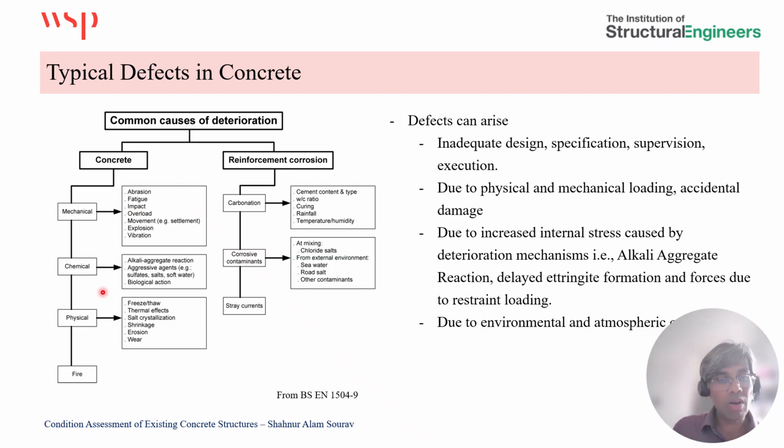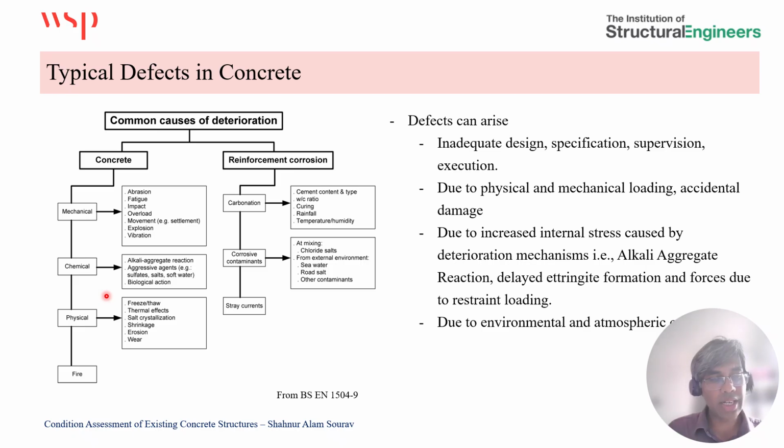The deterioration can occur due to chemical process. So at this stage, what happens is that the microstructure within the concrete itself changes due to the chemical reaction, which leads to low performance, or leads to a stage where the concrete does not perform to the expected level.